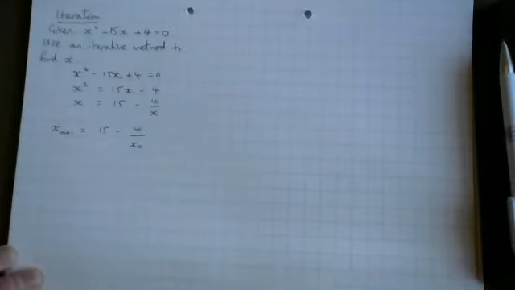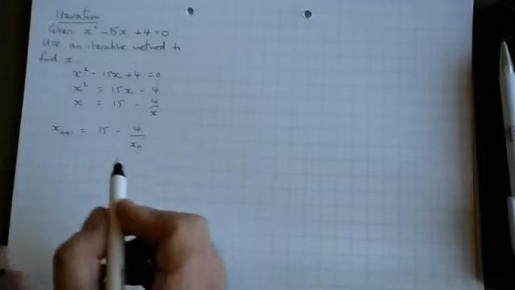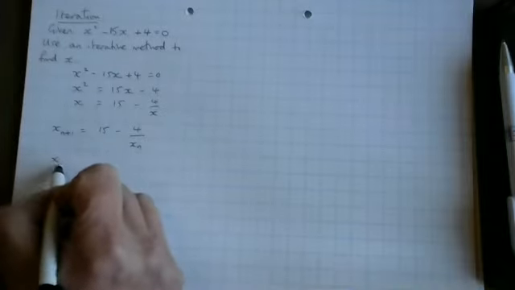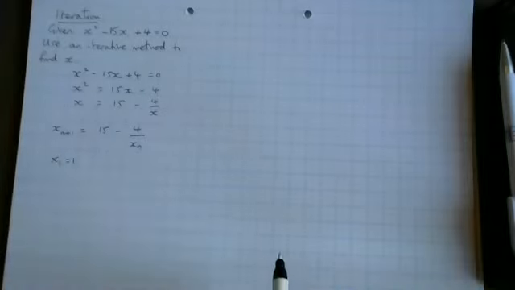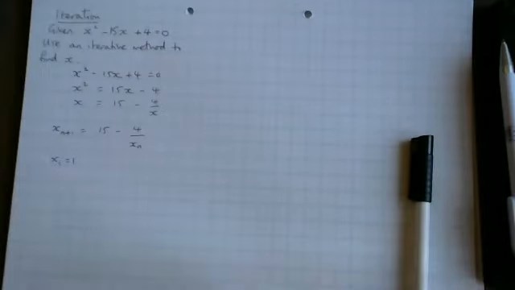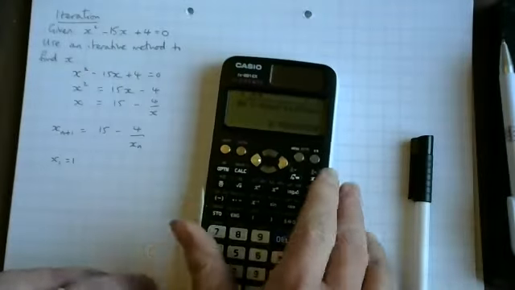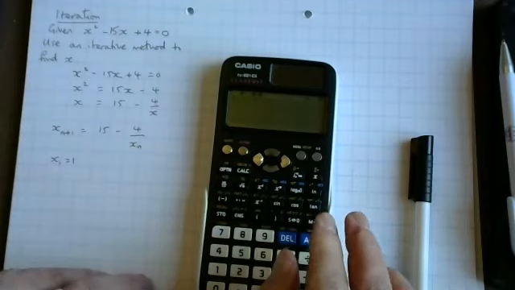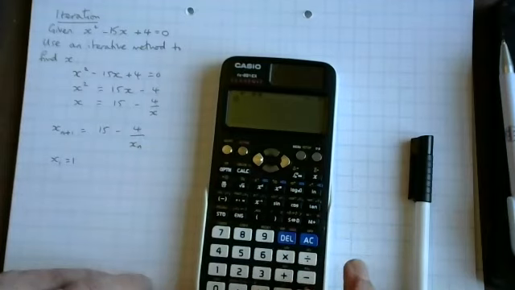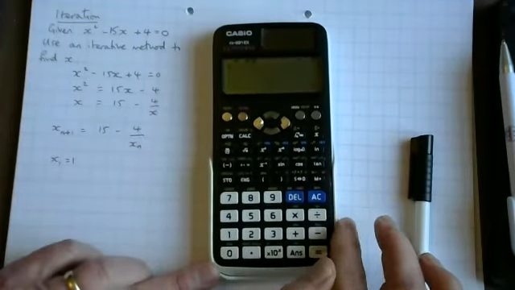Now we have to decide where we're going to start. We can start anywhere. Let's just try x1 equals 1. Calculator: 1 equals, and cancel.